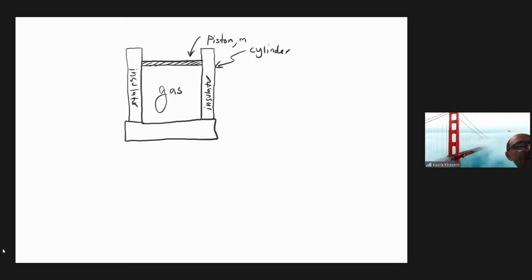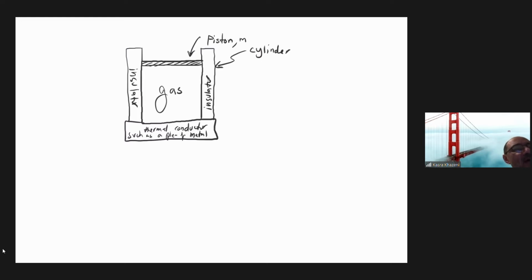Now down here I have a piece of thermal conductor, such as a piece of metal. Okay? A piece of metal is a pretty good thermal conductor.